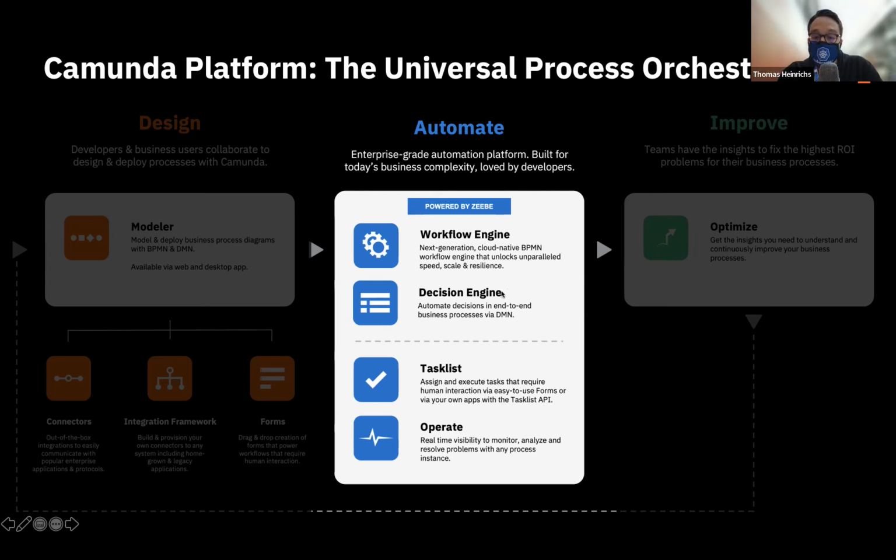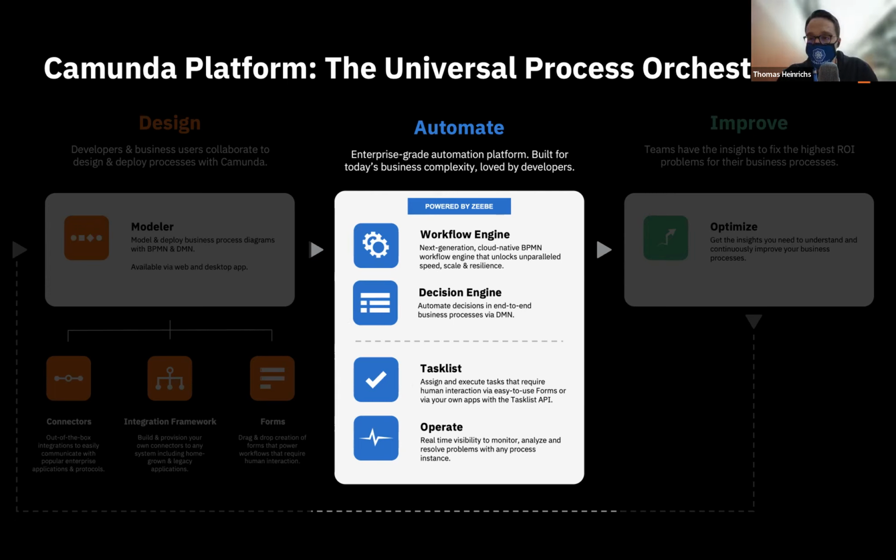What's now in the enterprise package is Tasklist and Operate. Both of these tools, if you want to use them in production, will always need some kind of license agreement, right? So Tasklist stays the tool for the clerk to simply work on user tasks, or to display some information in these tasks.